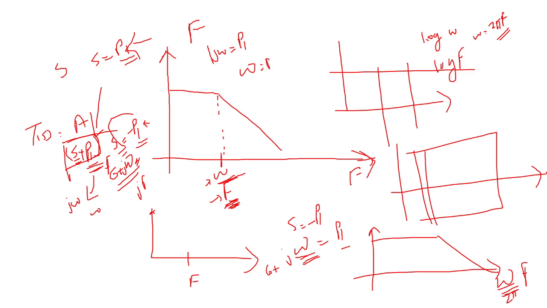So omega equals P1, or f will be equal to P1 by 2 pi. You may have to take it in this term, I guess. Yes. Or if you are taking a frequency, this relation you have to keep in mind. Otherwise, it may be wrong.